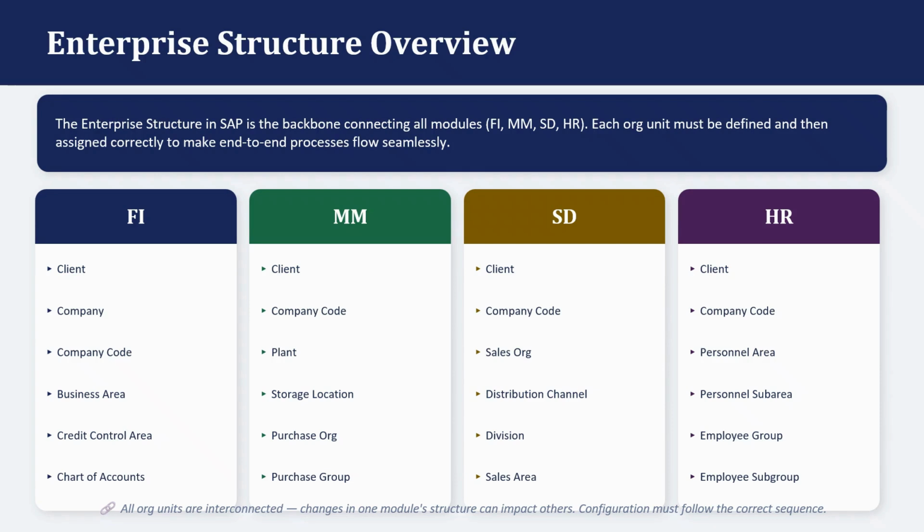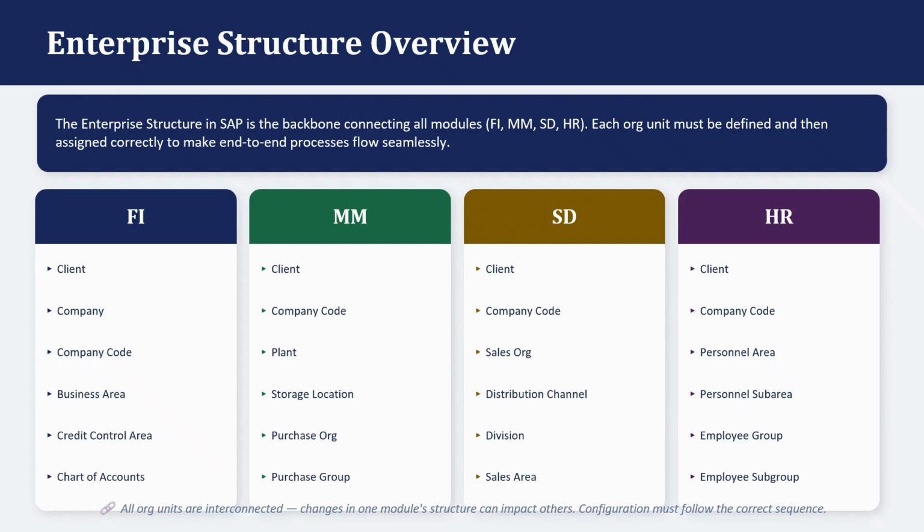Materials management: client, company code, plant, storage location, purchase organization, purchase groups. Sales and distribution: client, company code, sales organization, distribution channel, division, sales area. For HR, human resources: client, company code, personnel area, personnel subarea, employee group, employee subgroup.